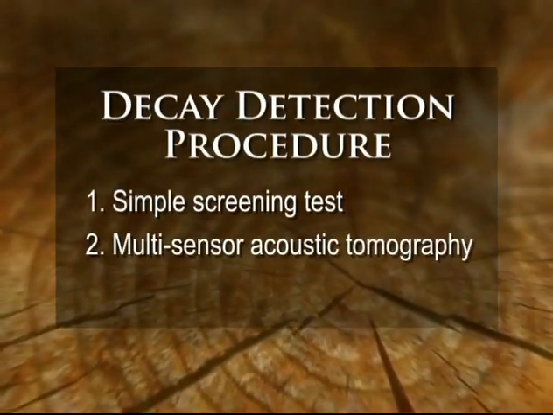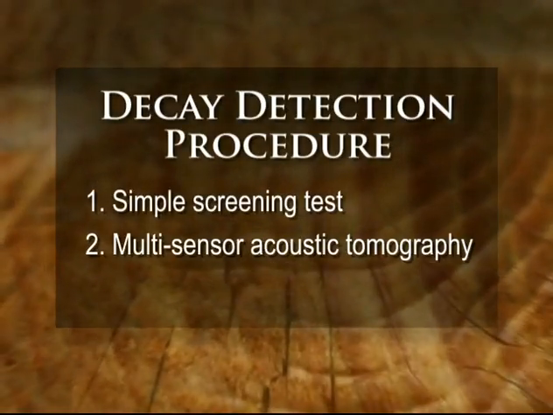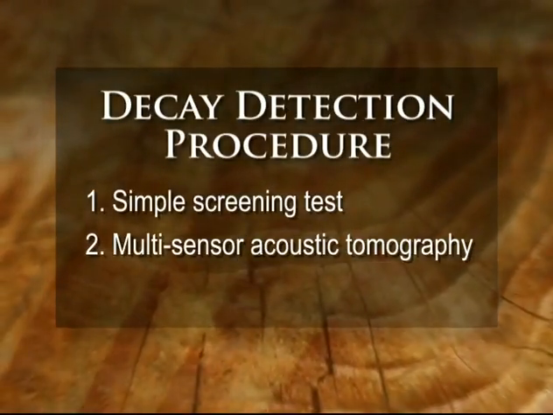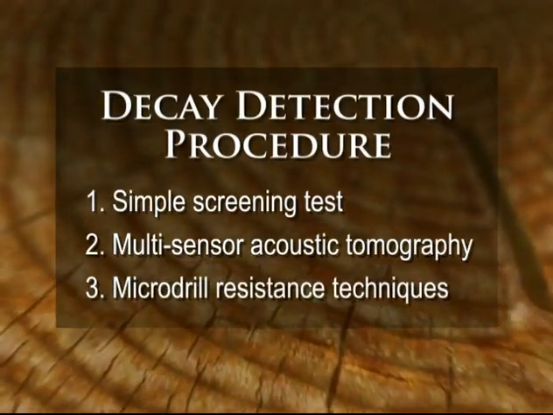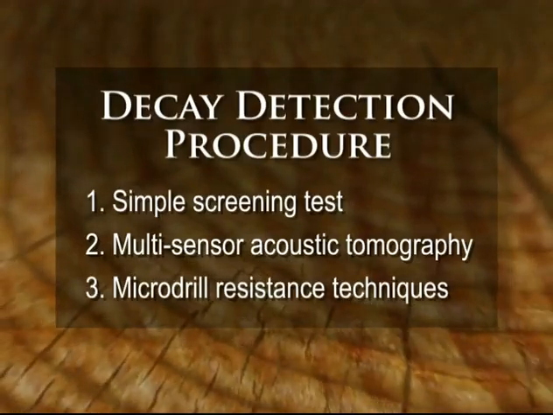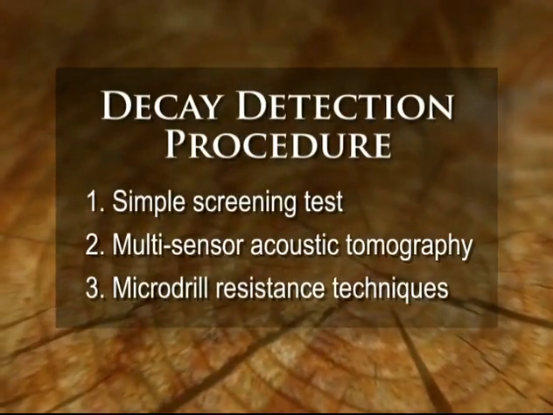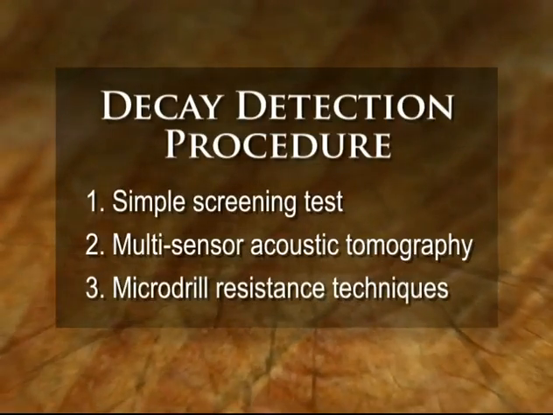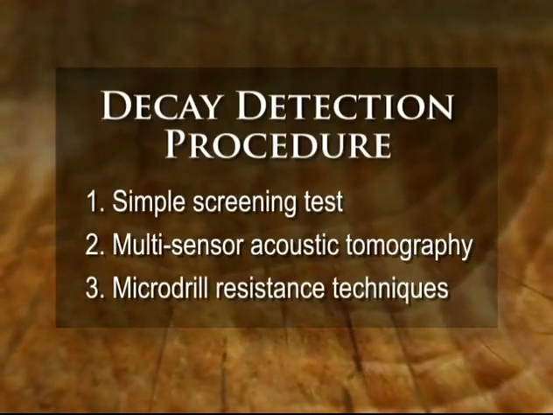Number 2, use multi-sensor acoustic tomography to identify the location and approximate magnitude of defects. Number 3, follow up with micro-drill resistance tests to confirm defects or differentiate between decayed wood and internal cracks. The following 2 case studies demonstrate this combination procedure.